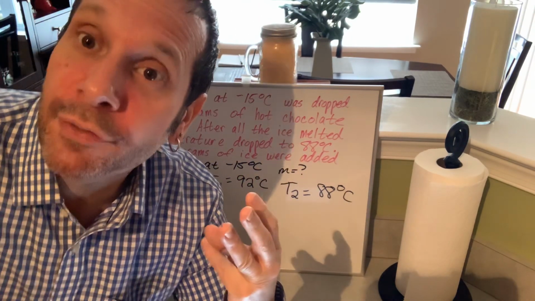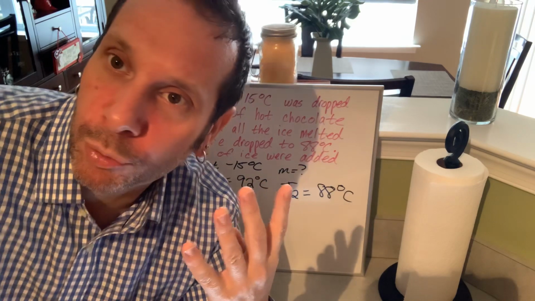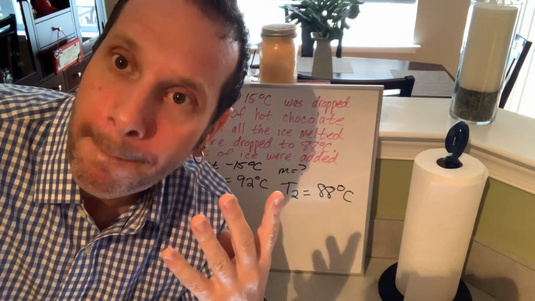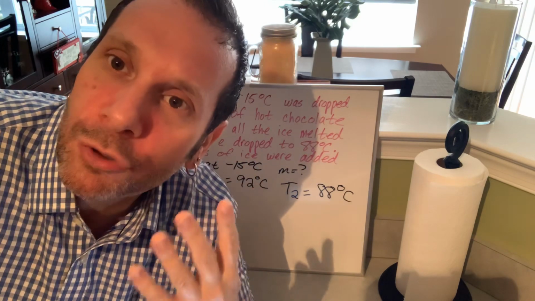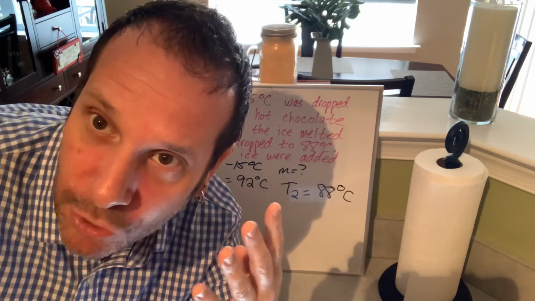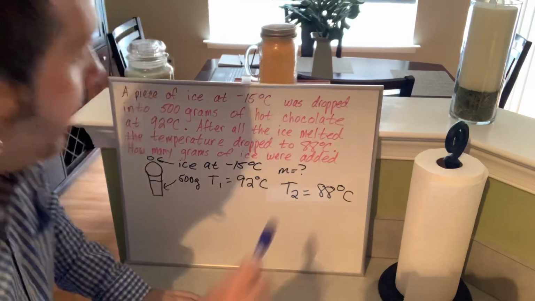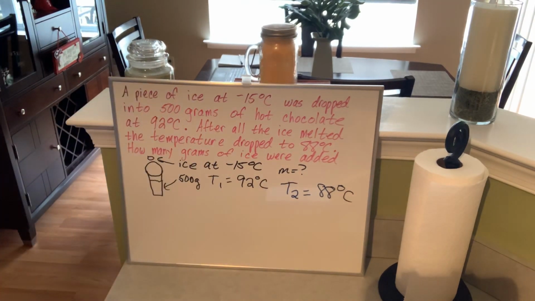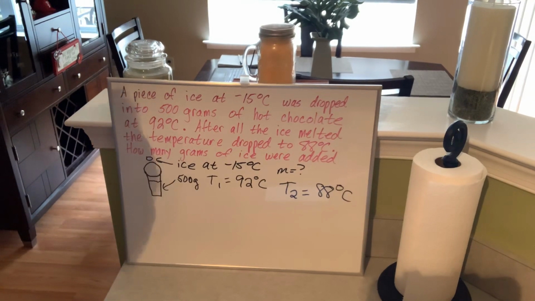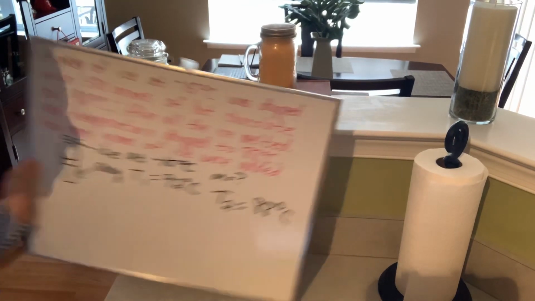And then you have the Q value for the hot water, which was in the hot chocolate. That energy is dropping. So all of the heat energy is being supplied by the water in the hot chocolate. Okay, so let's just quickly write out our Q values and what they're going to be.